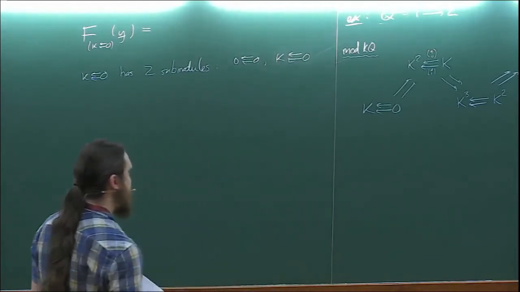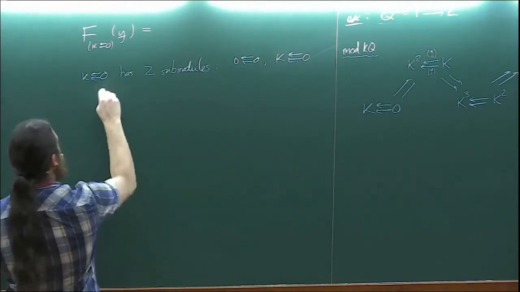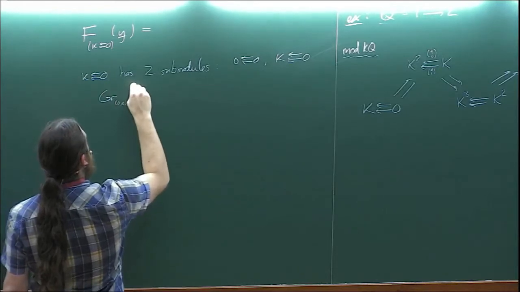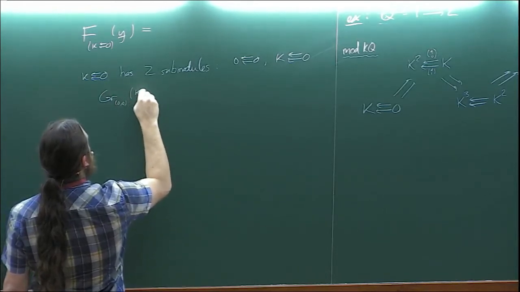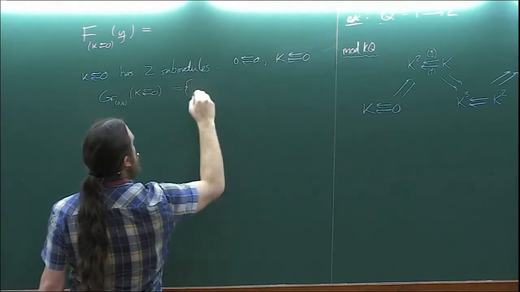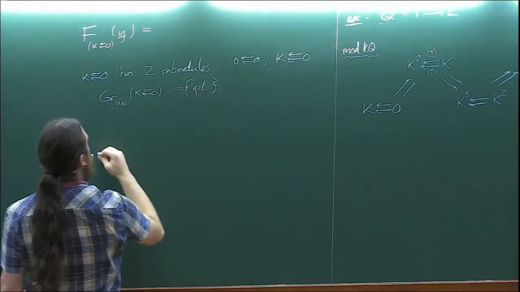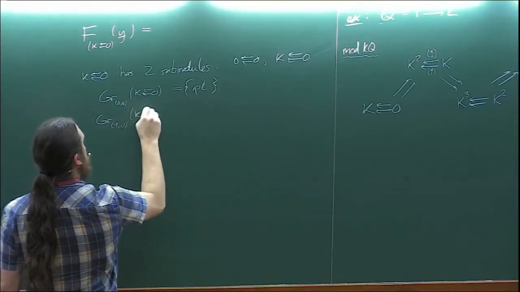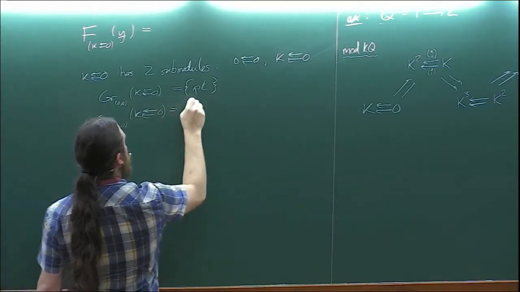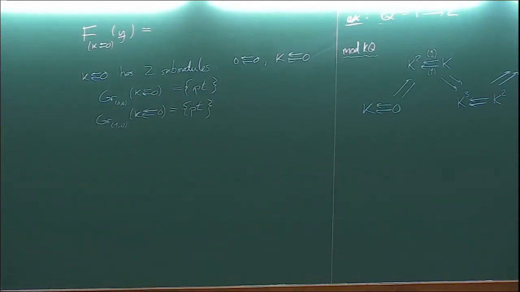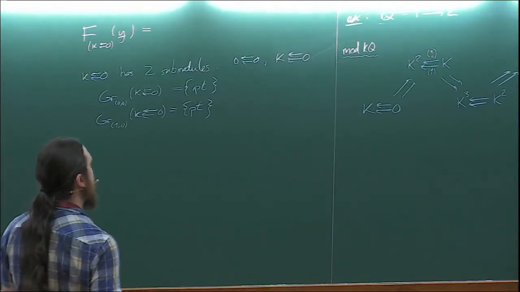And so the Grassmannian of dimension vector 0, 0 of this module has precisely 1 point, and the Grassmannian of dimension vector 1, 0 also has precisely 1 point. And all other Grassmannians are empty, because there are no other submodules.